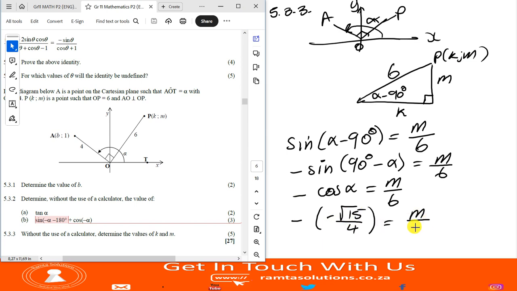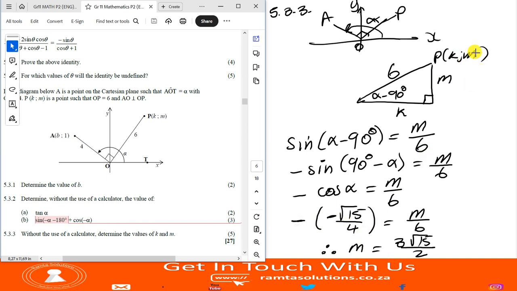Equals M over 6. Negative times negative. This therefore means M is equal to 6 root 15 over 4, which is basically 3 root 15 over 2. It's positive, guys, because negative times negative is positive.